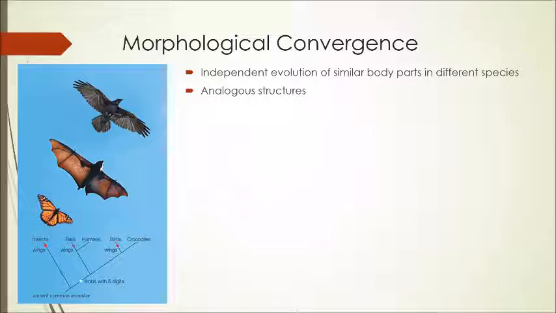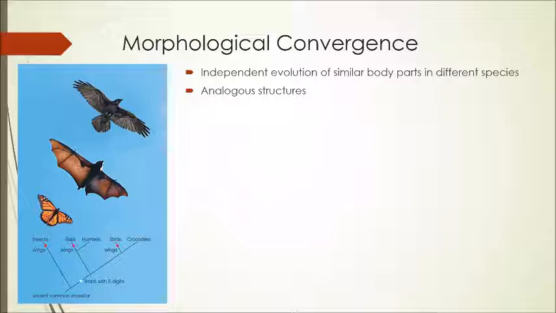And why is this? I mean, they're all wings, right? Shouldn't they be? But that's not the case. This is because they're actually analogous structures. Essentially, that means these are independent evolutions of similar body parts. So they all evolved these wings separately. They didn't all descend from one common ancestor.